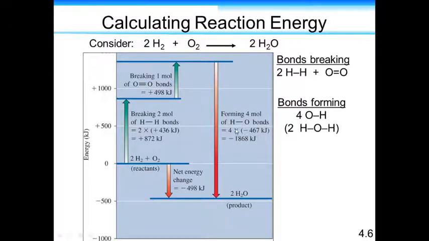That's a total of 4 OH bonds formed. So we need about 1300 kilojoules, and we release about 1800 kilojoules. So for the net energy change, we end up releasing more energy than we put in. We get 500 kilojoules of energy released.